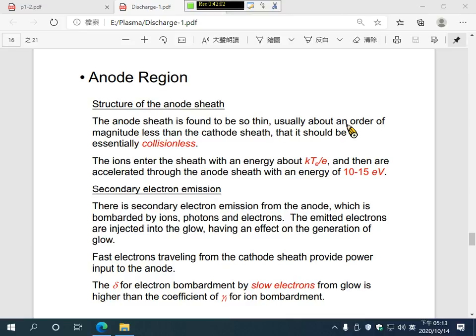And the ion energy, after the ion enters the anode sheath, they might get energy about kT over e. So this energy originates from the potential difference between plasma and the grounded anode. So actually, this equals the plasma potential, right?